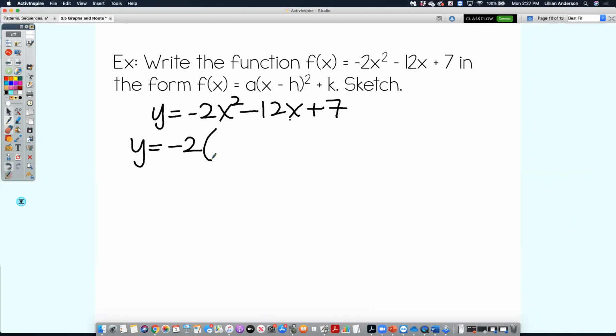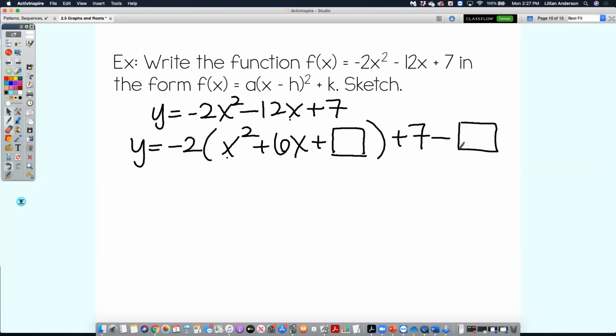So when I have an a value, I factor it out, I don't divide it out, and I'm only factoring out the first 2 terms. When I do that, that gives me x squared plus 6x. Again, I only take it out of the a and the b term, not the c. I still have the plus, and I still have the minus.